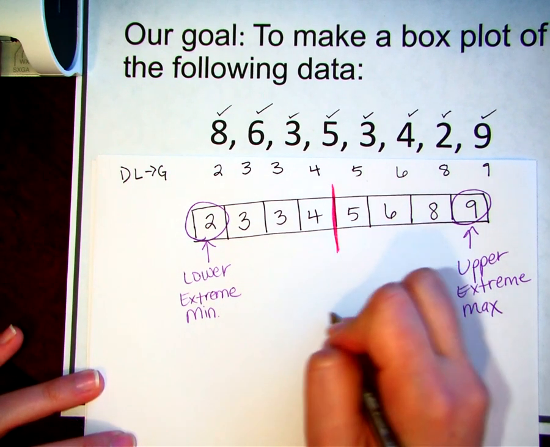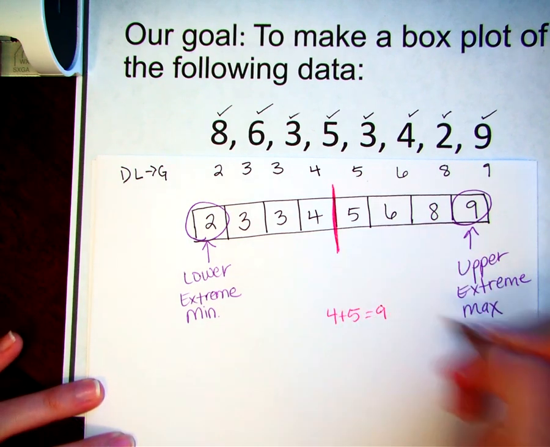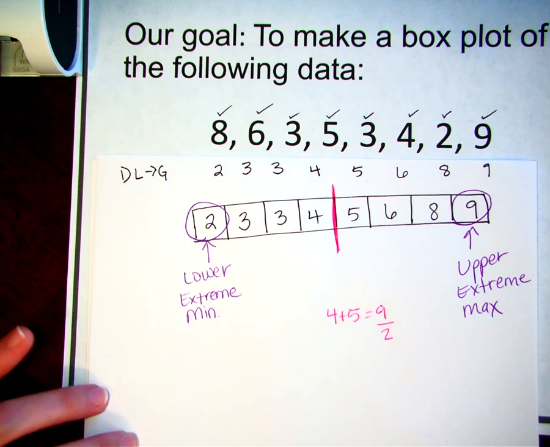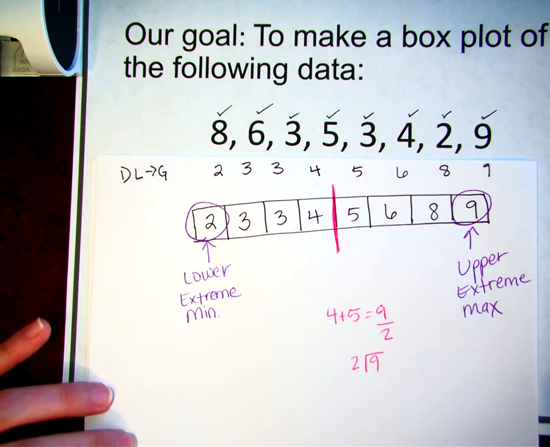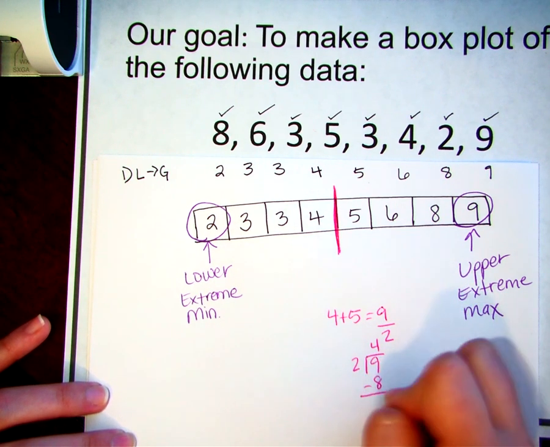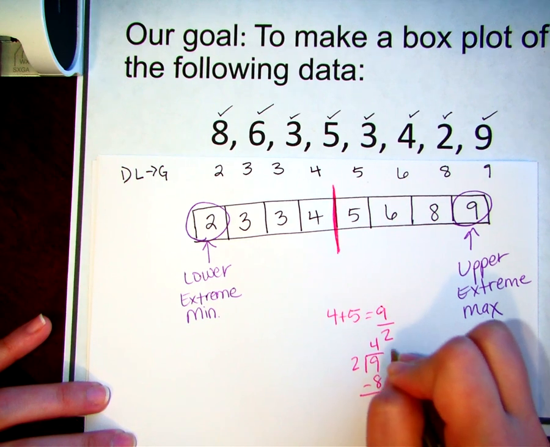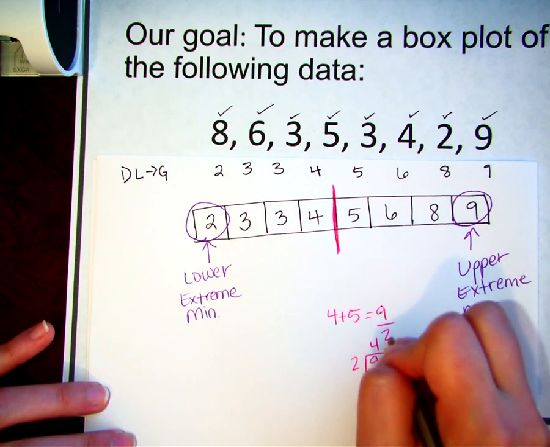So in order to get that, you add the 4 plus 5, which is 9, and you take 9 and divide it by 2. So 9 divided by 2, 2 can go into 9 4 times, minus 8, 1. So now you have a decimal, and 2 can go into 10 5 times.